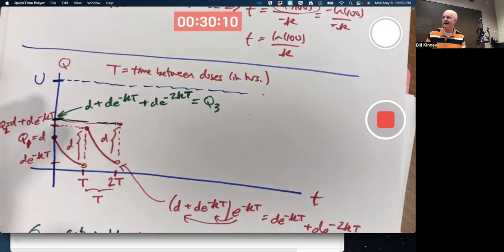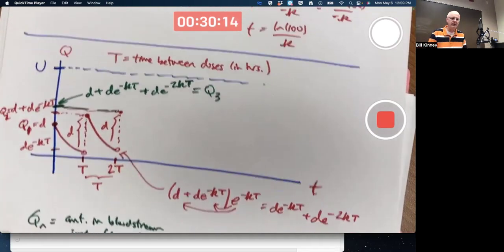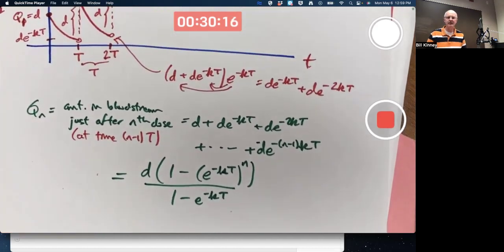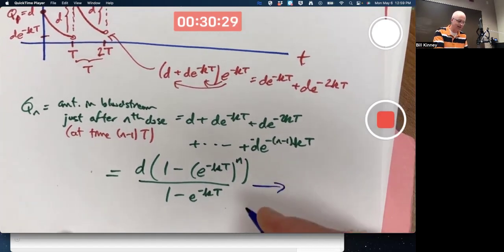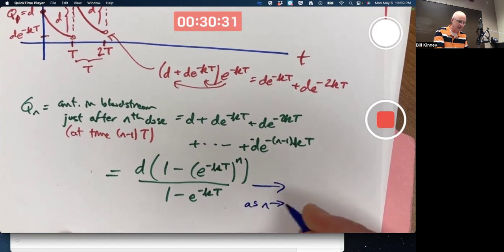But for sake of simplicity, let's just assume we stay below U. How can we figure out if this ever goes above U? What conditions will guarantee it stays below U no matter how big N is? Why don't we let N go to infinity? What's going to happen as N goes to infinity here?